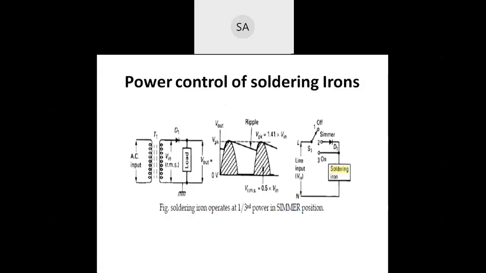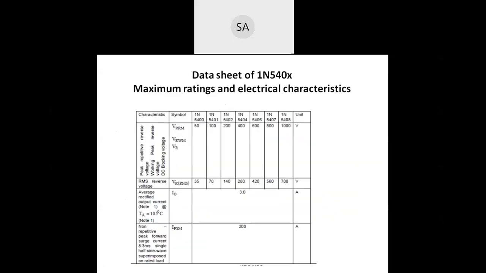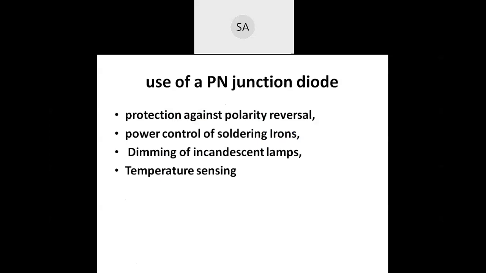The topics we have discussed here are data sheets and commonly used diode numbers. We discussed the data sheets of the IN400X series, the different parameters and their values, and the IN5400 series.